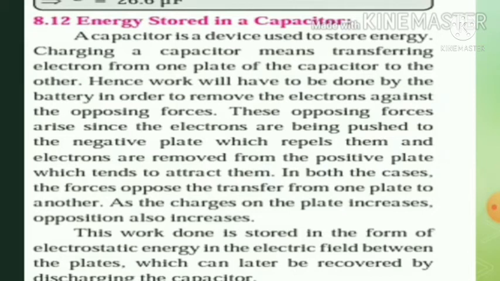Whenever charges are moved from one plate to the other plate in the condenser, there is an opposing force to the motion of the positive charges as well as the negative charges.